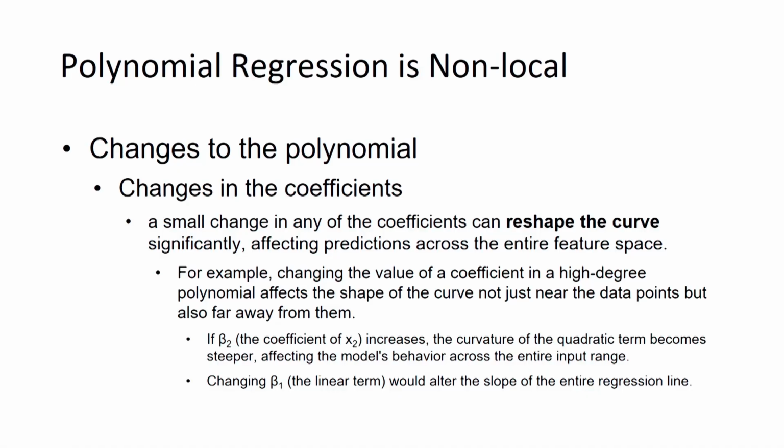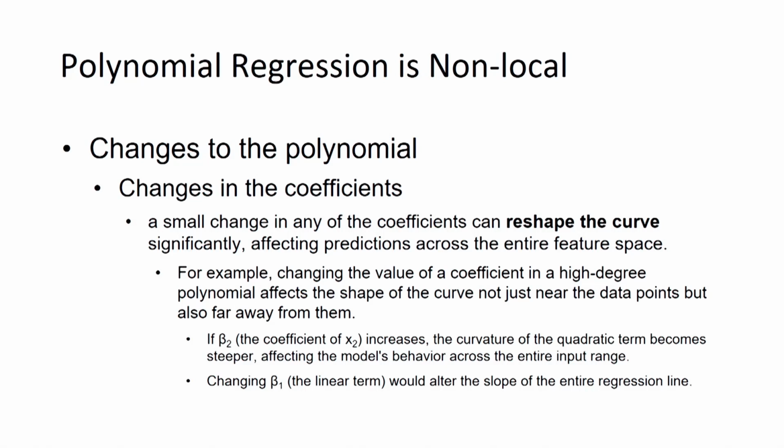Now, after seeing the physical significance of different coefficients in polynomial linear regression, we will see that polynomial regression is non-local. Polynomial regression being non-local means that when we make some change in the model, that change will not be local.